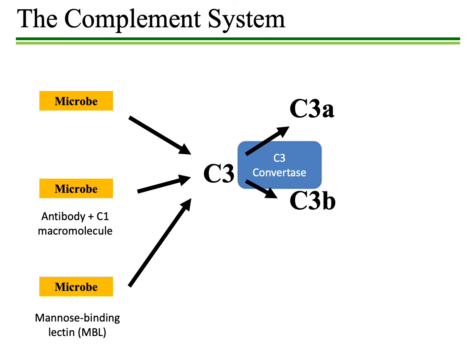So what happens once C3a and C3b are produced? C3a, again, just a single arrow here, but multiple steps are involved, will lead to inflammation and phagocyte recruitment. C3b, again, just a single arrow here, leads to multiple steps that will eventually lead to opsonization.